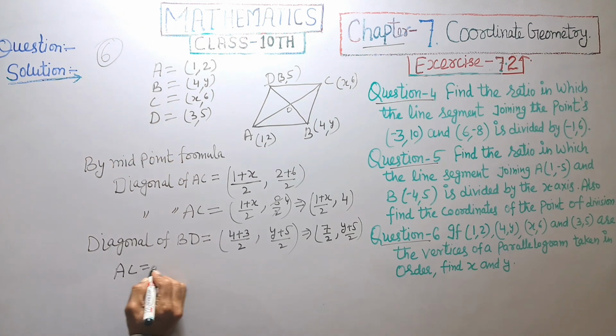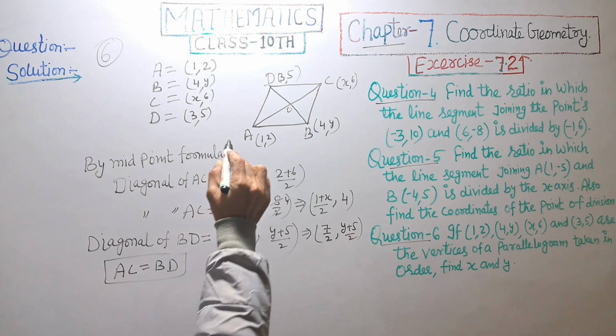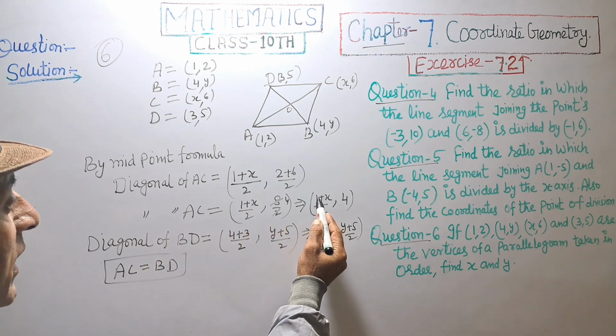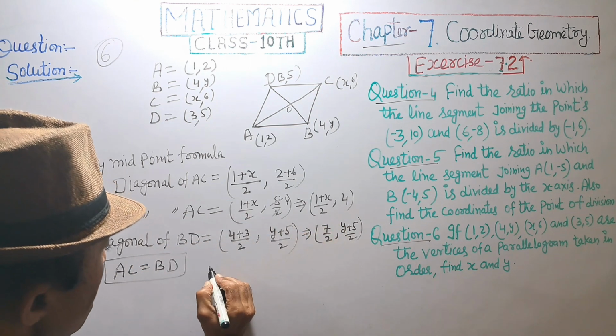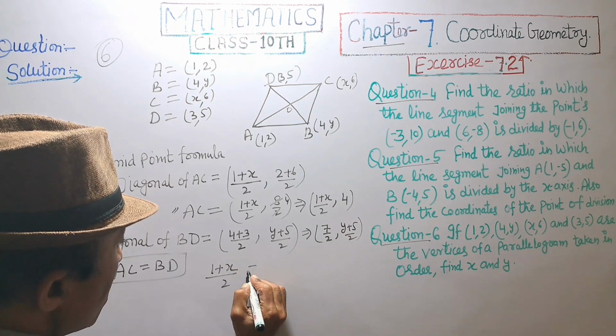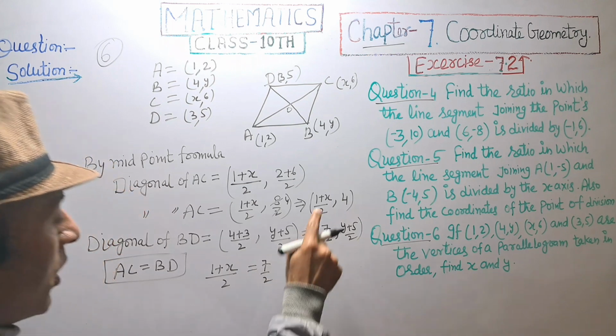Diagonal AC is equal to diagonal BD, because ABCD is a parallelogram, so the midpoints coincide. So 1 plus x upon 2 is equal to 7 upon 2.